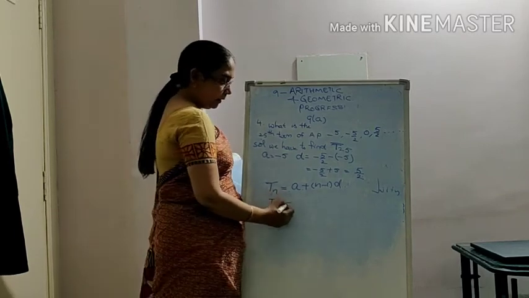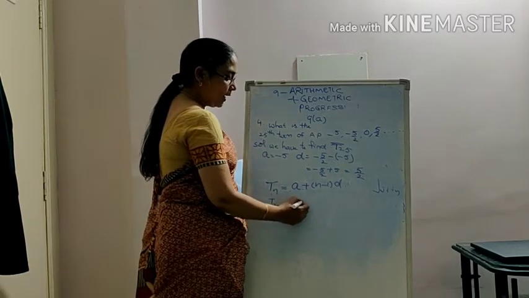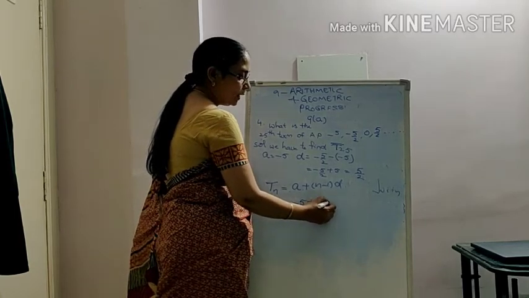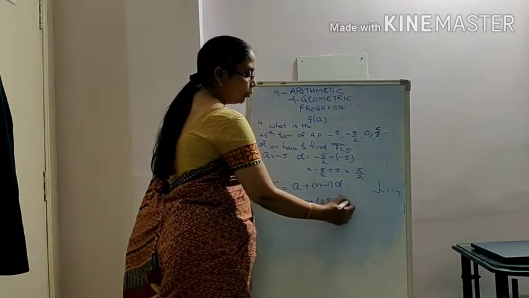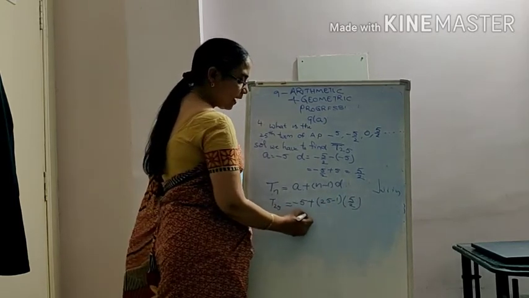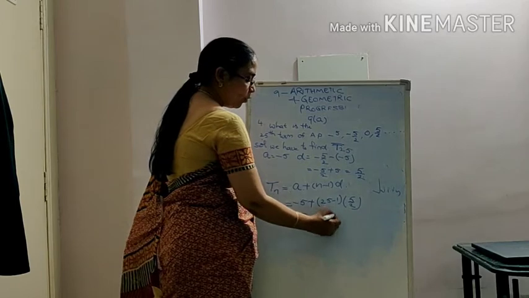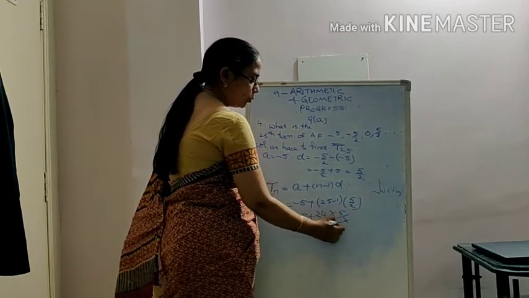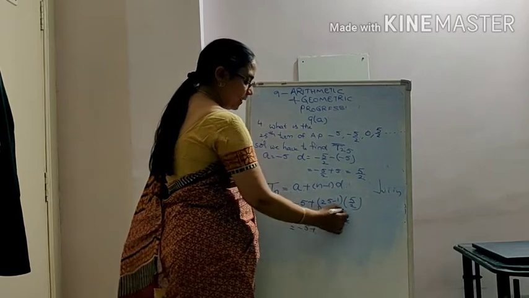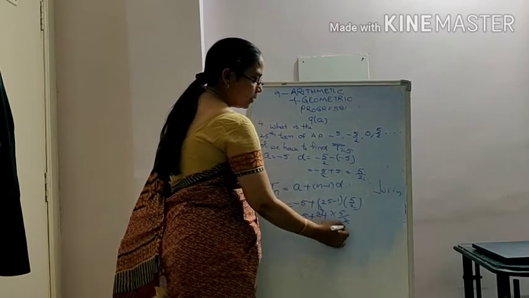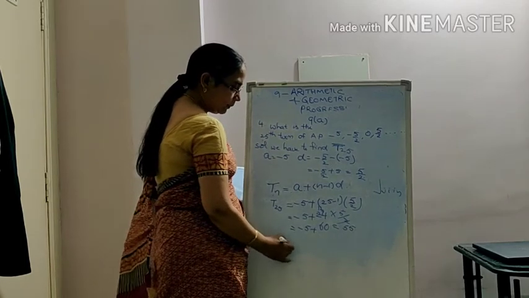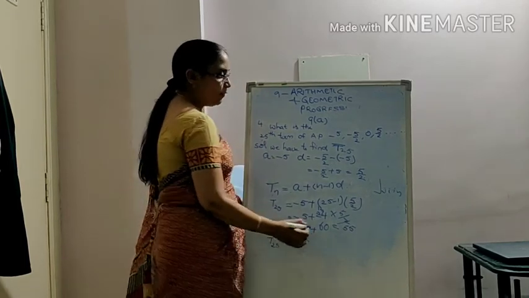T25 is equal to A, which is minus 5, plus 25 minus 1 into D, which is 5 by 2. So minus 5 plus 24 into 5 by 2. 12 times 5 is 60, minus 5 is 55. So your 25th term is 55.